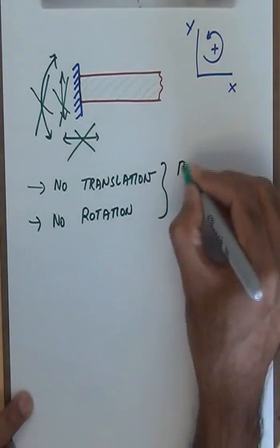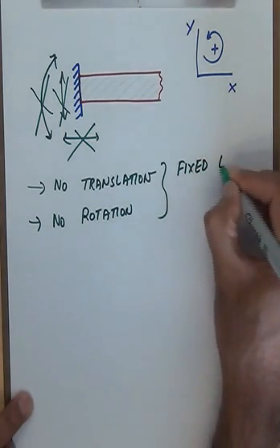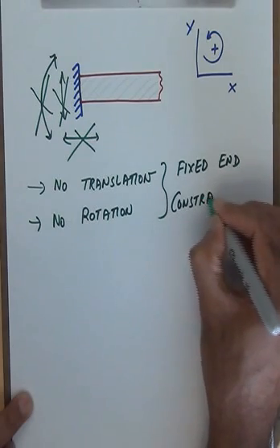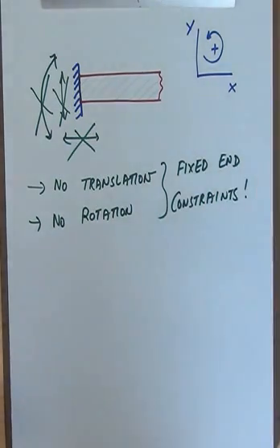These are the fixed end constraints. And if this is indeed the case, then I can look at the effect of the fixed support by drawing the free body diagram of the rigid body, and instead of showing the fixed support, I can show its effect as a set of constraint forces in the x and y directions, and a reaction moment, which I can assume to be either clockwise or counterclockwise.